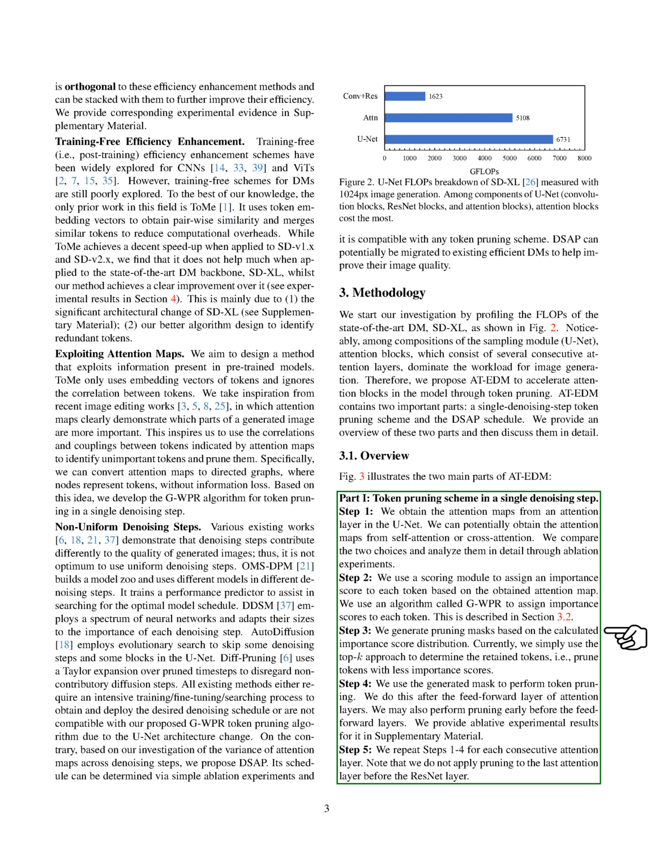Then, we create pruning masks based on the calculated importance distribution, where we retain tokens with higher importance and prune those with lower importance. After that, we apply the generated mask to perform token pruning, either after or before the feed-forward layer of attention layers. This process is repeated for each consecutive attention layer, except for the last one before the ResNet layer.